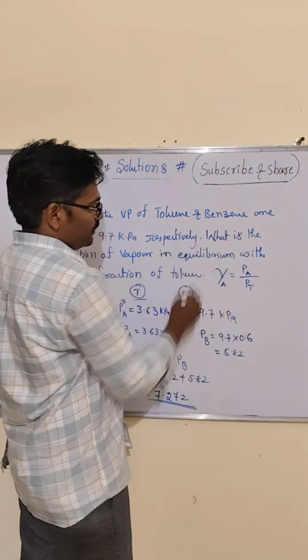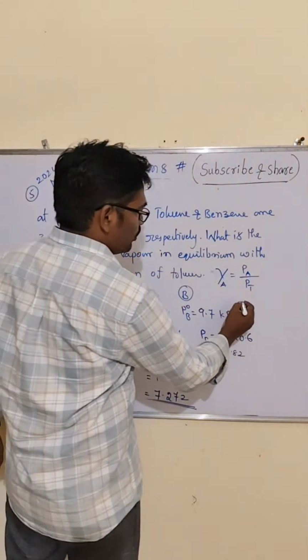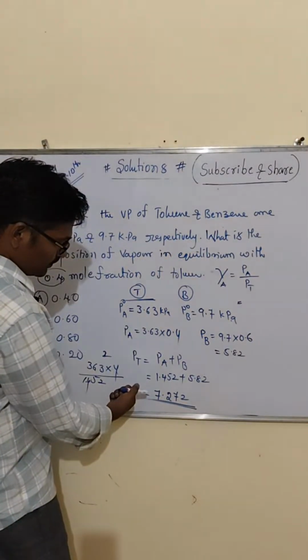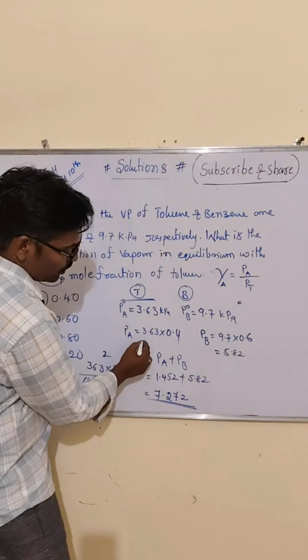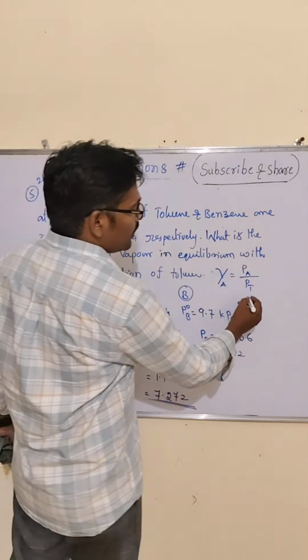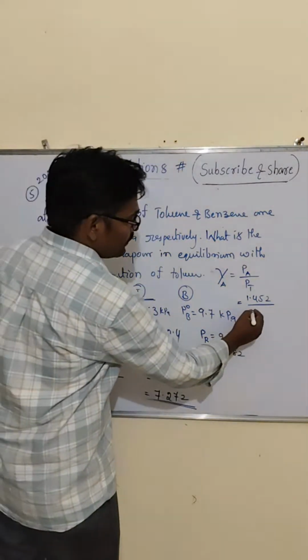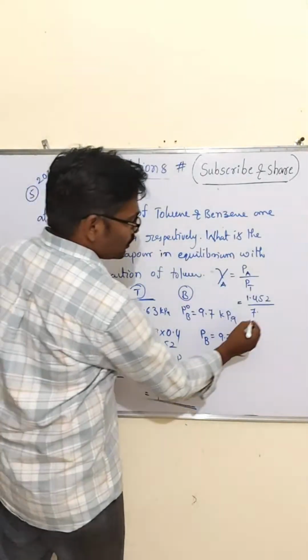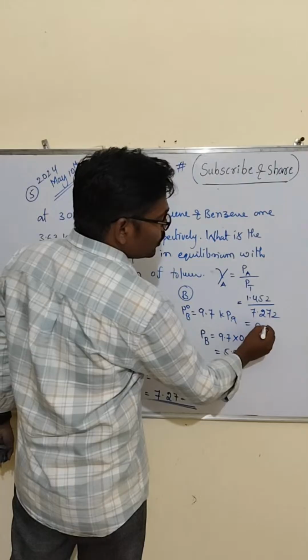Assume component A is toluene. The PA value we got is 1.452, so 1.452 divided by 7.272 gives 0.2.